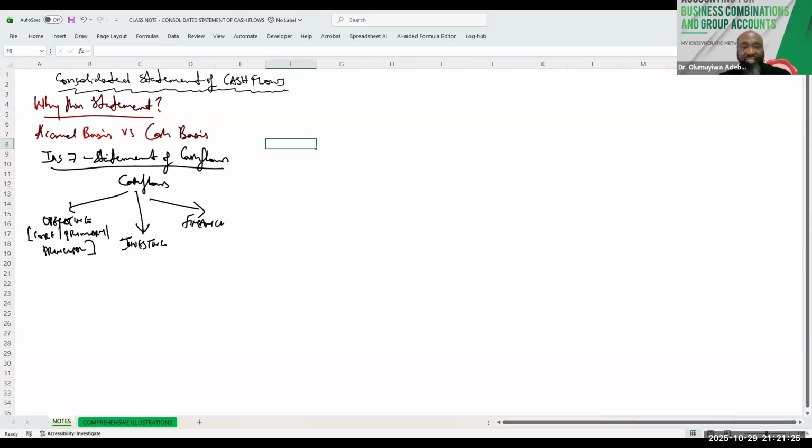Now, financing activities are activities that give rise to how we source for funds and how we repay those funds to various stakeholders, be it the shareholder or the debt holder, as the case may be.